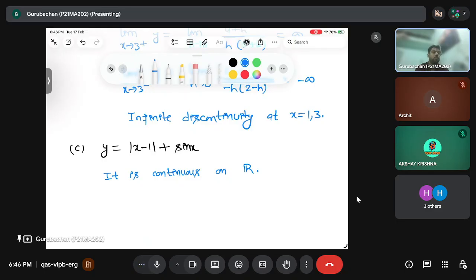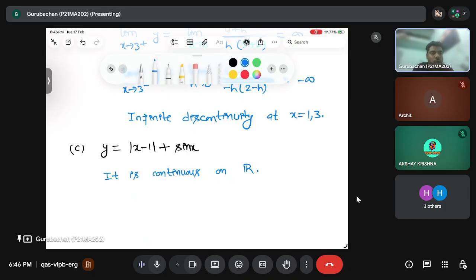Anybody has objection over it? Sir, then the range will be more than one function for the sine function, right? So shouldn't we need to split the sine function, like for the sine inverse function?